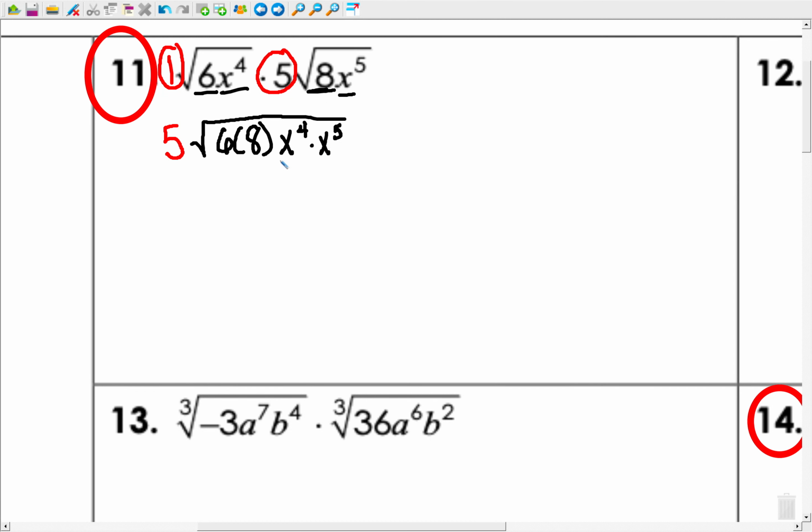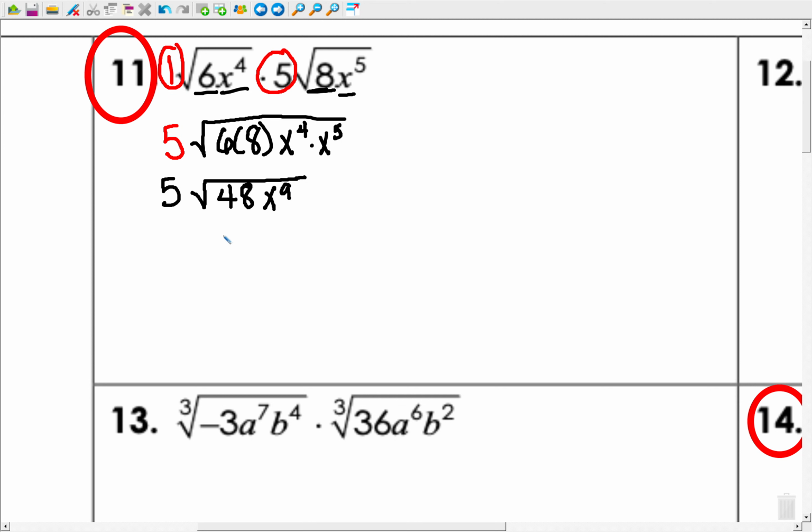Okay. Let's bring down the 5, and then we can multiply this out to get 48.